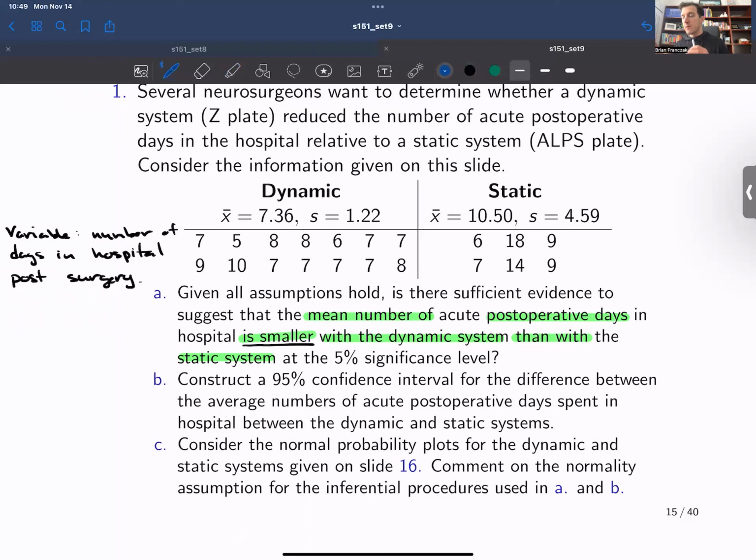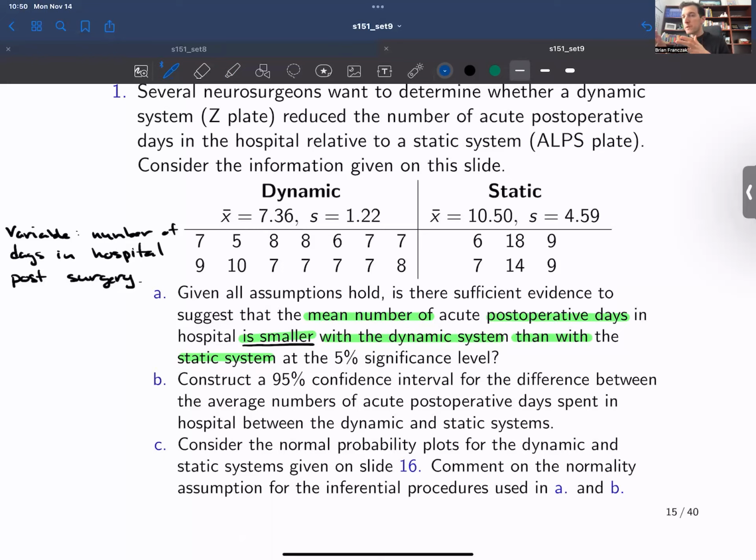And we have to keep in mind that in this situation, we are comparing two means. So this is going to change the formula that are used within the hypothesis test. The structure of the test is going to be exactly the same. We have an assumption check. We're actually told that those are all okay, but we'll go through it anyways. We have an assumption check, and then we have our 6 steps of the hypothesis test.